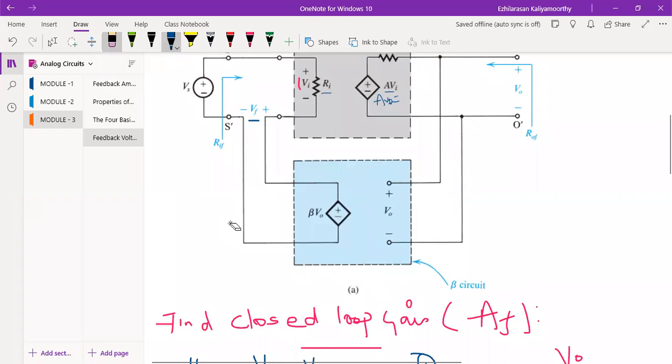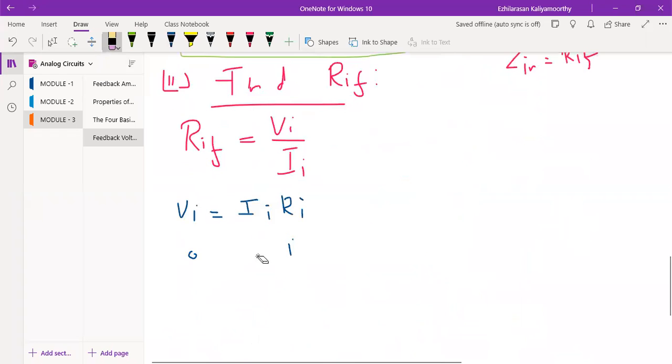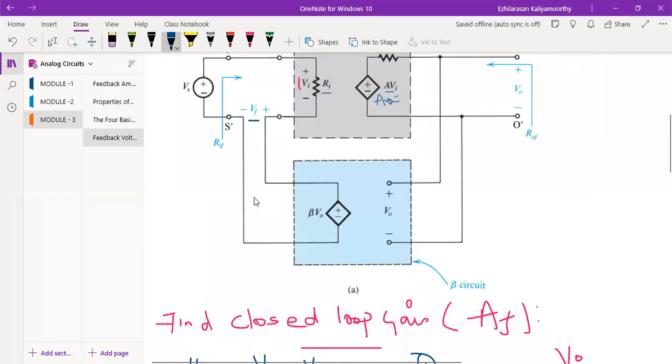Now, we don't want VF yet because we are looking from the input port, so leave this. Now, what is VF? Very important. From the diagram, this is VF. VF is beta into V naught, but V naught is A into VI.